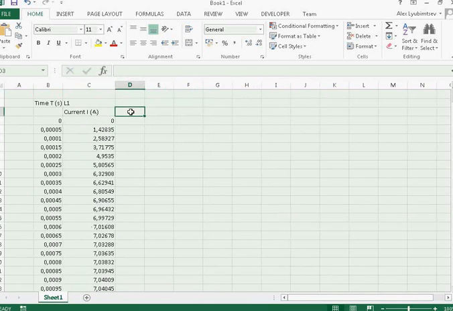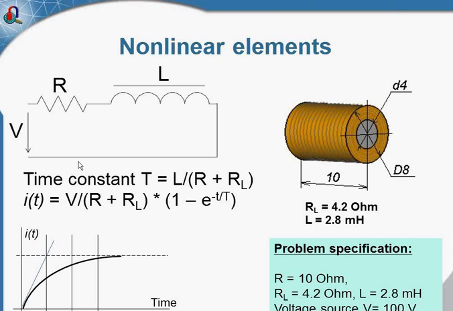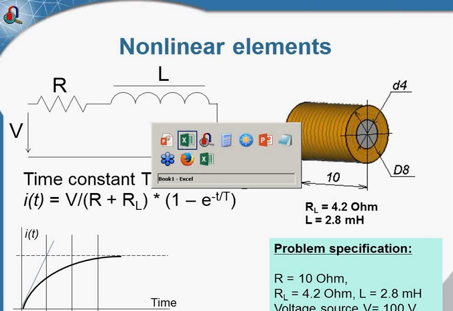And here let's type the analytical solution. It should be voltage divided by the total resistance multiplied by this.